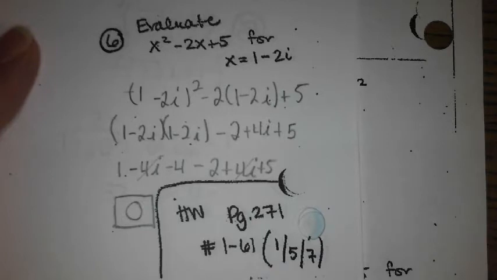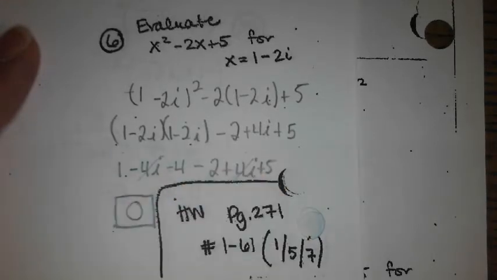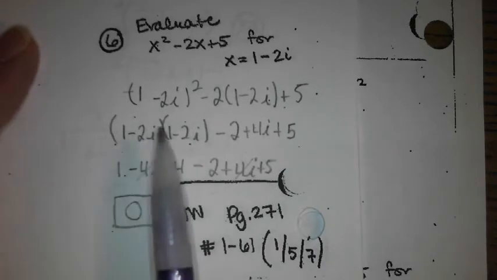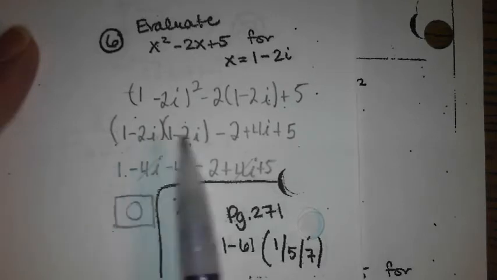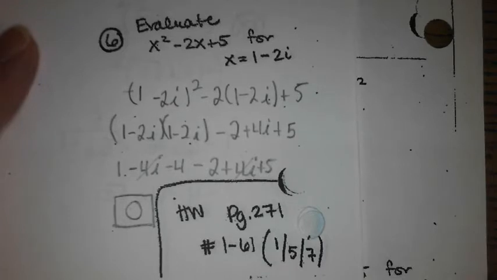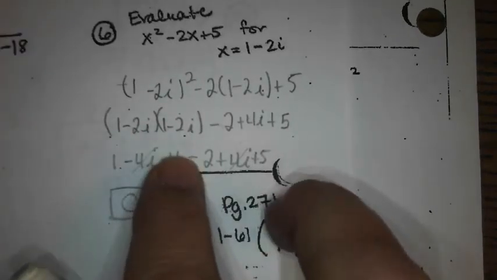Any thoughts? 1 minus 4 minus 2 plus... Okay. Do we like that? They did a little bit of work in their head. Negative 2i times negative 2i is positive 4i squared, which then became negative 4, which is fine, but just make sure you follow that. That all ended up being 0. Nice job, Nathan McMillan.